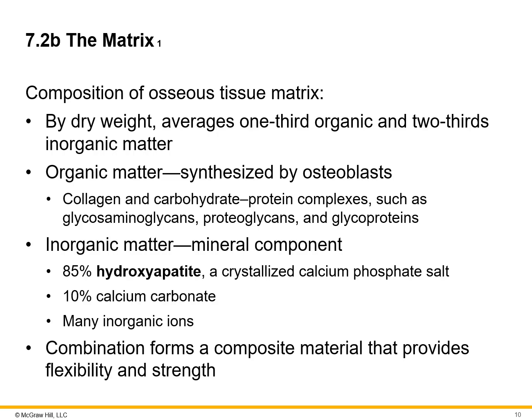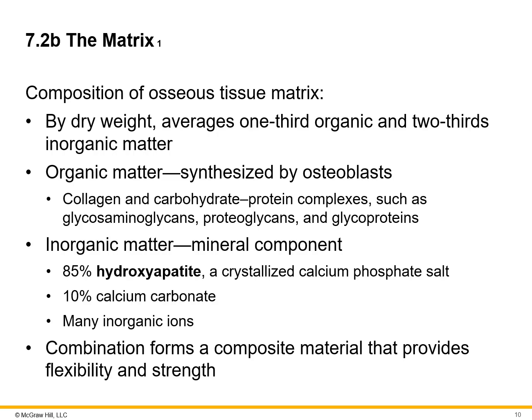Any proteins like glycosaminoglycans and proteoglycans and glycoproteins, right? Things that are made by the cells, the osteoblasts or the osteocytes. While the inorganic matter is going to be the mineral component, which is going to be the hardened portion.